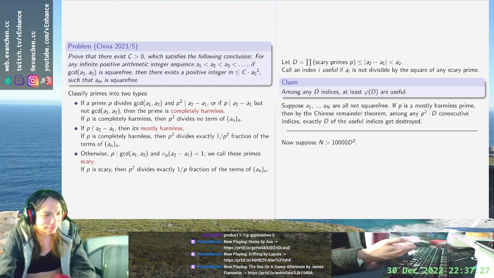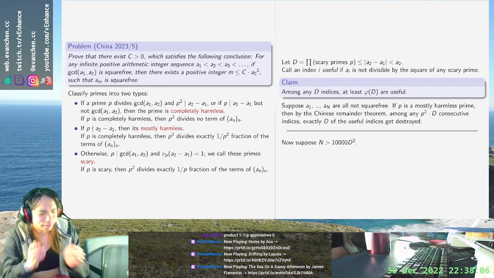If n is more than 10,000 d squared, then the number of destroyed good indices... So the number of good indices is like, oh god, okay.